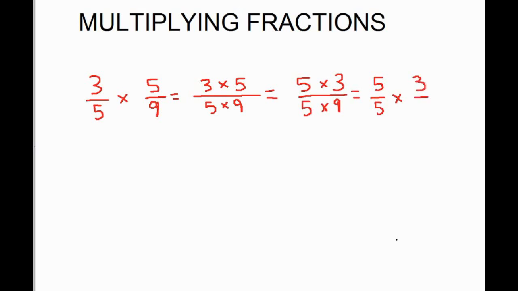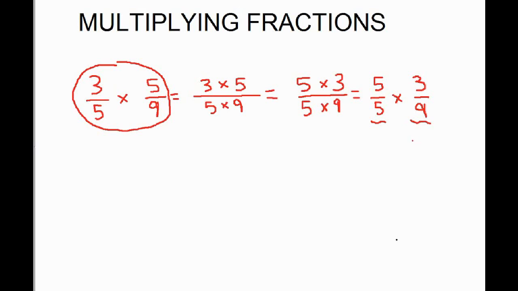Now, once again, these fractions are different than the original fractions that we saw here, but the answer is going to be the same. We're still going to get 15 over 45 as our answer. But what we can see over here now is I can reduce these fractions. I don't have to multiply these numbers.